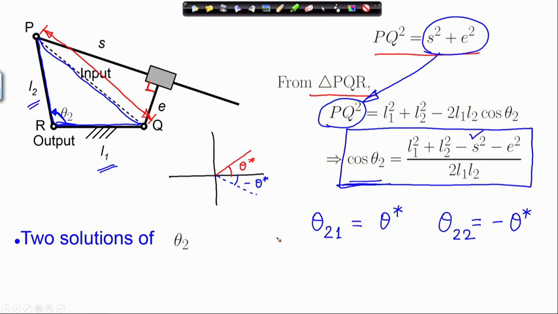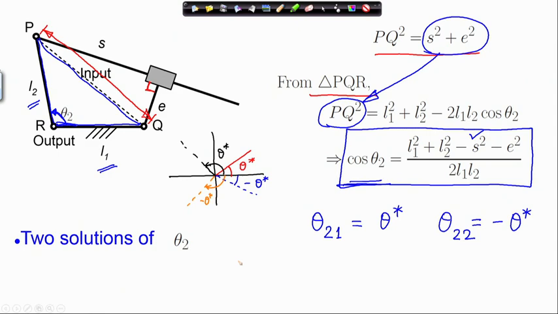If you have it in the other quadrant, if this is theta star, this is also the solution.